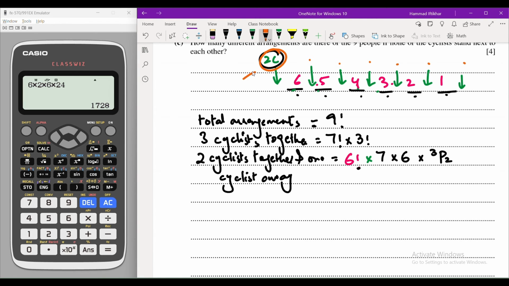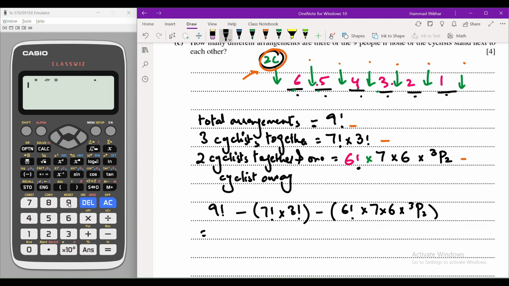Then the internal permutations for the cyclists, 3P2. So we subtract these: 9 factorial minus 7 factorial times 3 factorial minus 6 factorial times 7 times 6 times 3P2.